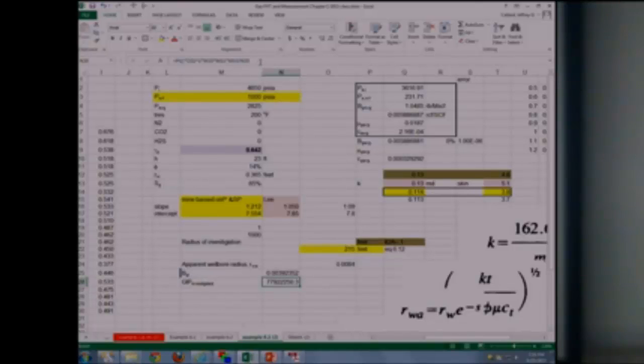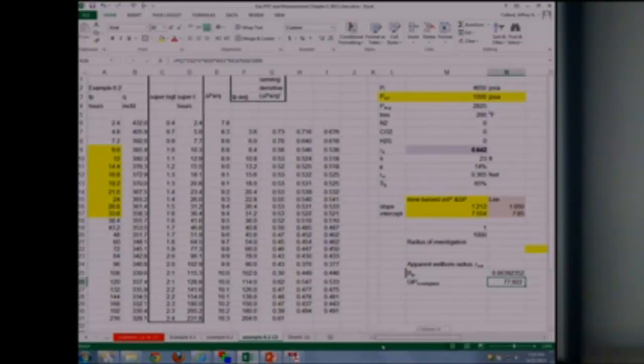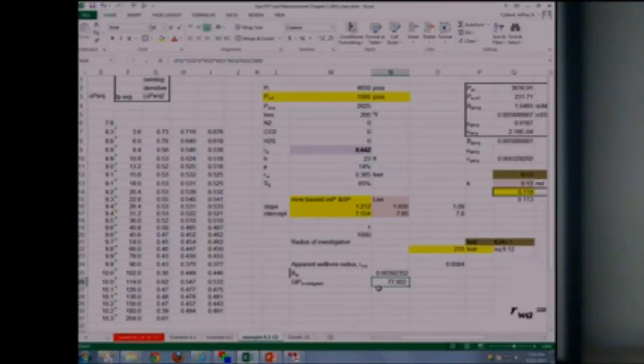So let's divide it by 1,000, because that's what we sell gas by, right? It's not a huge amount. It's only a 216-hour test, a 10-day test. In 10 days, I proved up 77 million MCF.